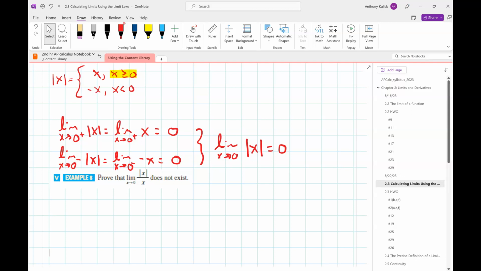So same idea here. It says prove that the limit as x approaches 0 of absolute value x over x does not exist. So we're going to do the same thing.